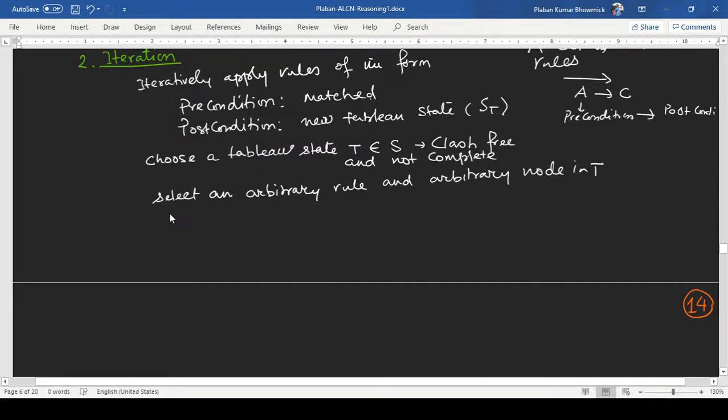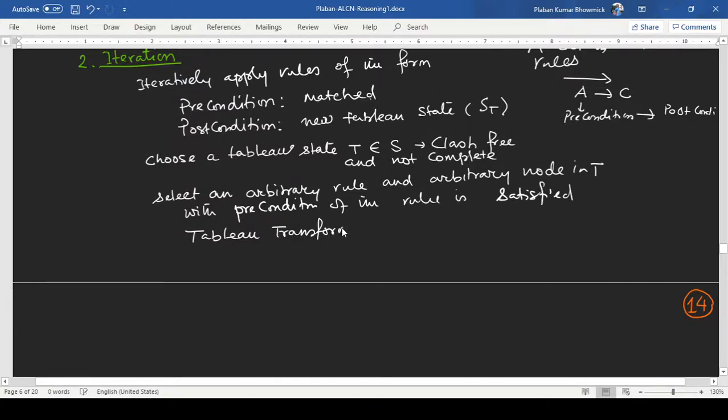But we need to check whether the precondition of the rule is satisfied. If this is so, we do tableau transformation. Now, what kind of transformation are we talking about?